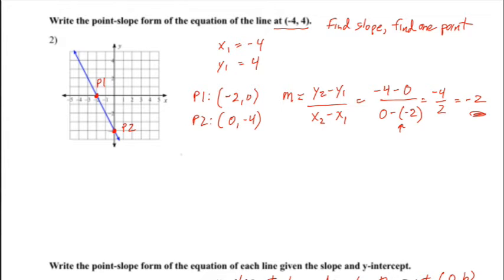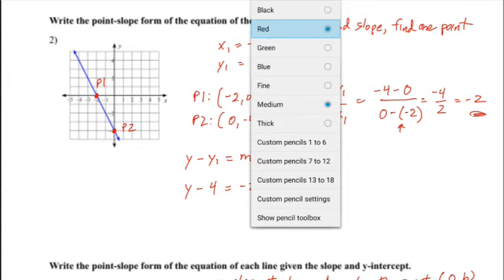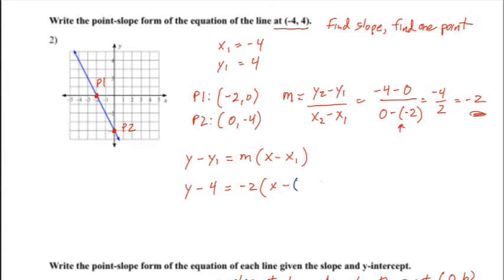We can rewrite our general equation. And now we're just going to substitute values. So y minus 4 is equal to minus 2 times x minus, and once again, I'm going to put parentheses in a different color here so that this is a little more obvious, minus 4.